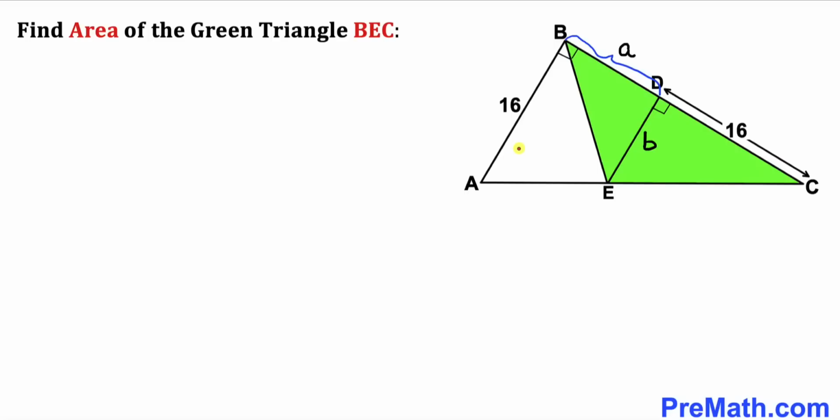Now let's go ahead and make an observation. We can see that this line AB and this line DE are parallel, since both of these angles are 90 degrees each. So therefore these angles are congruent since they are corresponding angles.